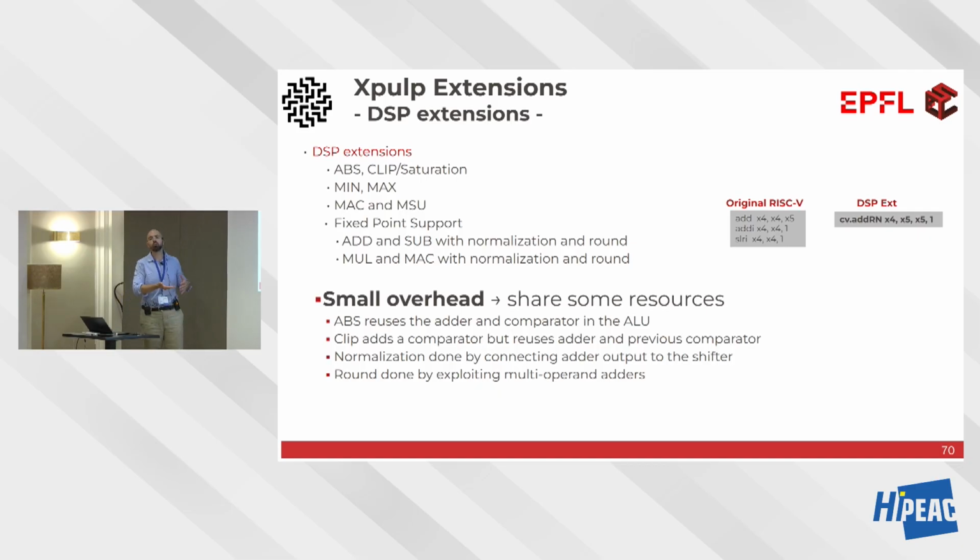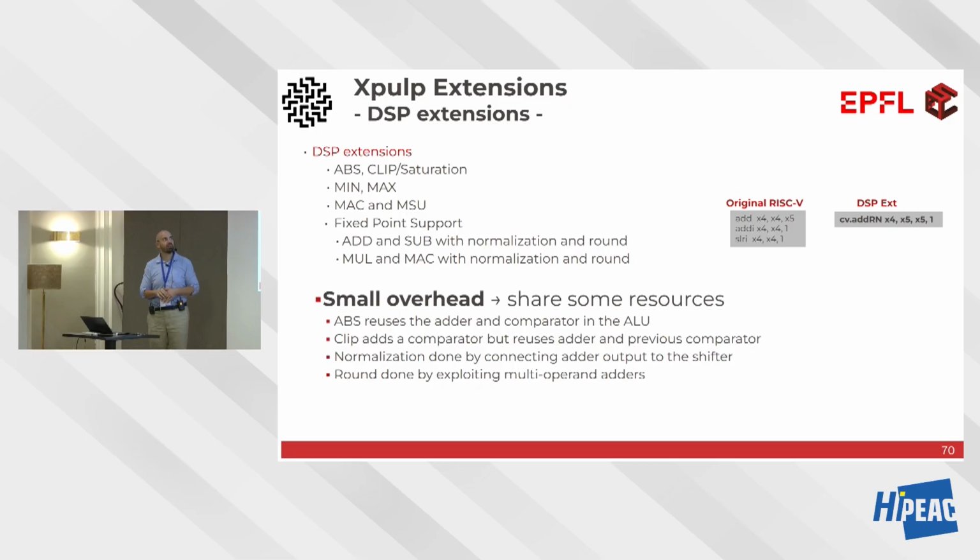So it makes sense to speed up some of the common operations. For example, when you do a fixed point addition, you also round, and you shift to adjust the precision, and so on and so forth. So we fused all these instructions, and we say add with the rounding and normalizations.